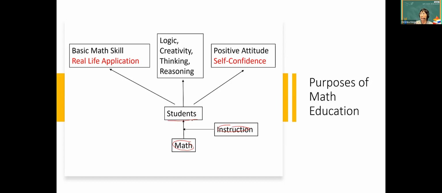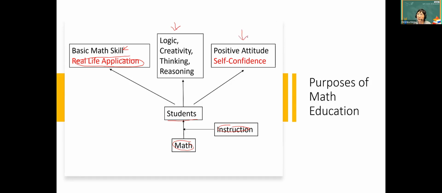Okay, so the purpose of all this has been just a math skill, calculating numbers. But now we want to do real application, so we are going into functional math. What are they facing in the natural environment, and what questions can we help them to solve? Eventually, logical thinking, we're developing their mental cognitive thinking.